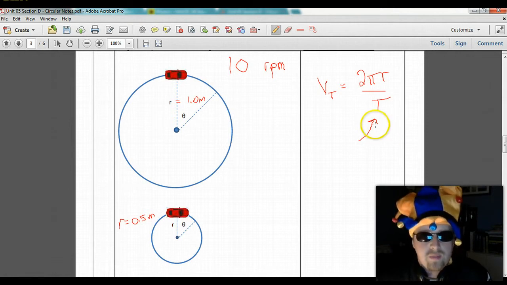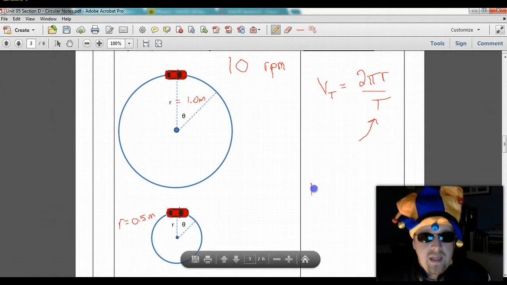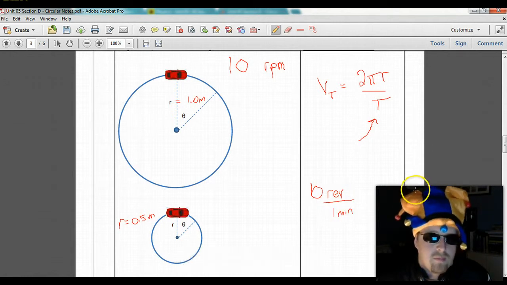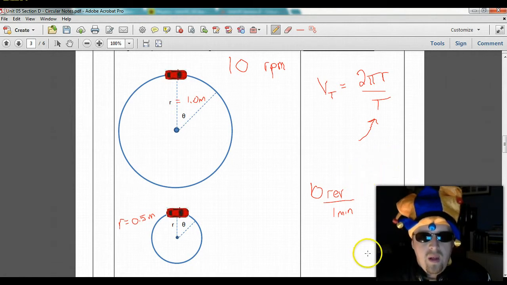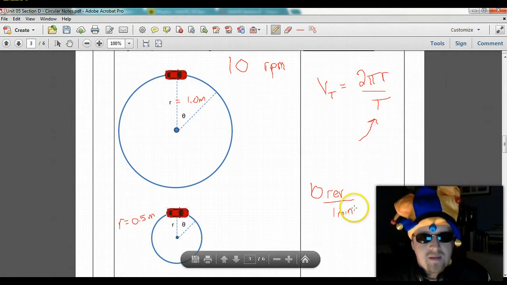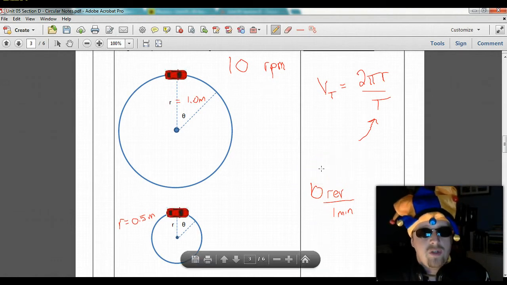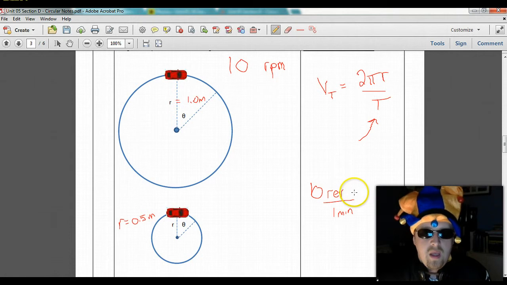So we can figure that out. We know that they each complete 10 revolutions for every 1 minute. If we're looking at this time in seconds, they must go around 10 times in order to achieve 60 seconds.